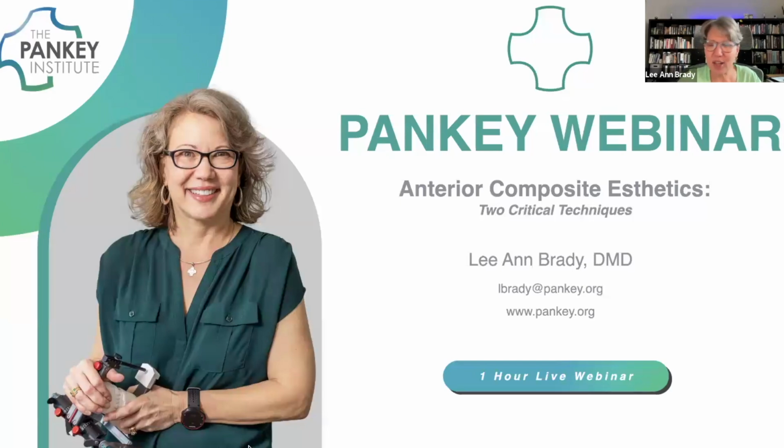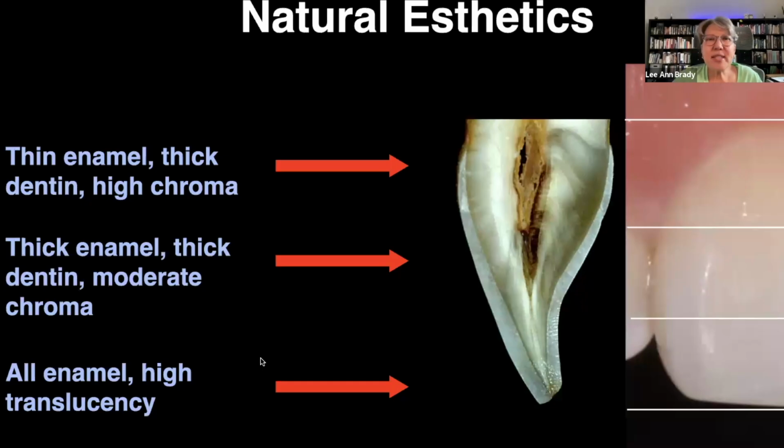So we are going to launch into tonight's topic. Our topic tonight is really how to maximize the natural aesthetics and the gorgeous aesthetics of composites. But really, to start, I want to actually just talk about teeth and the reality that teeth look the way they do through a very, very complex process of different types of tooth structure, and light reflection and light refraction or translucency.